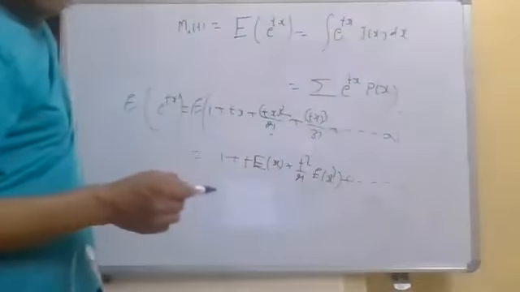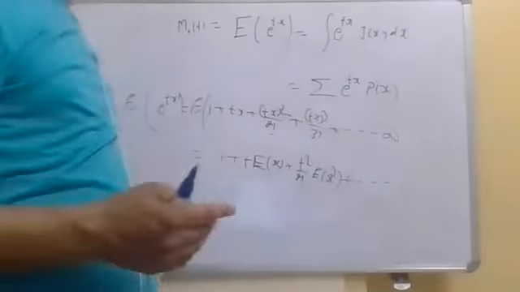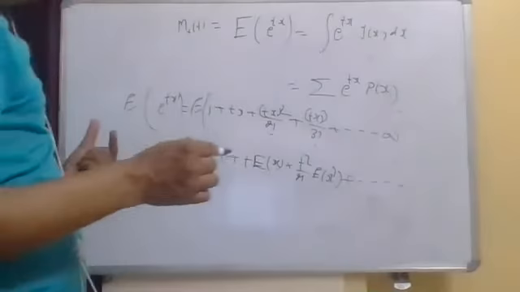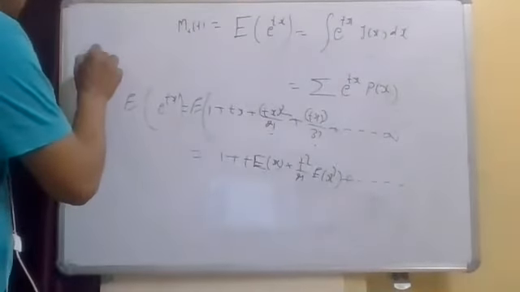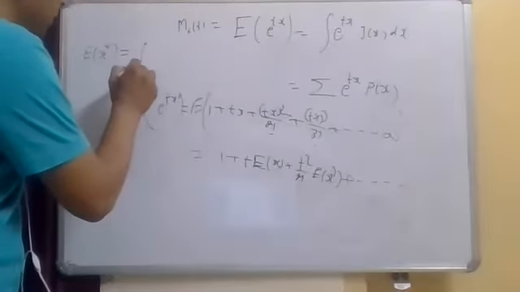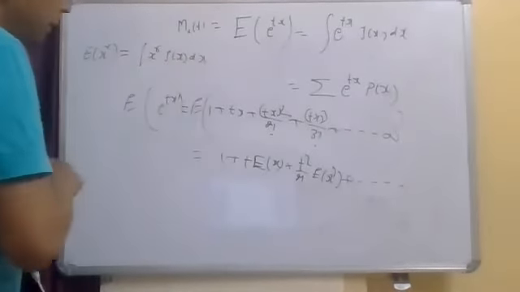And we know the condition for the rth moment. The expectation of x to the power r is the integral of x to the power r f(x) dx.